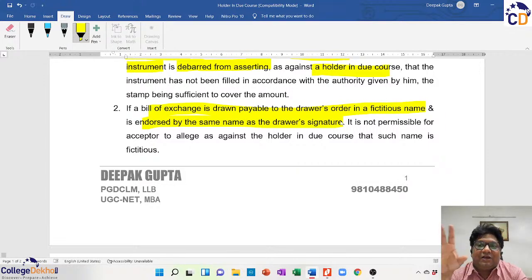And then later on it is found that C has endorsed it in the favor of another party D, or C has endorsed it in the favor of Deepak Gupta again.